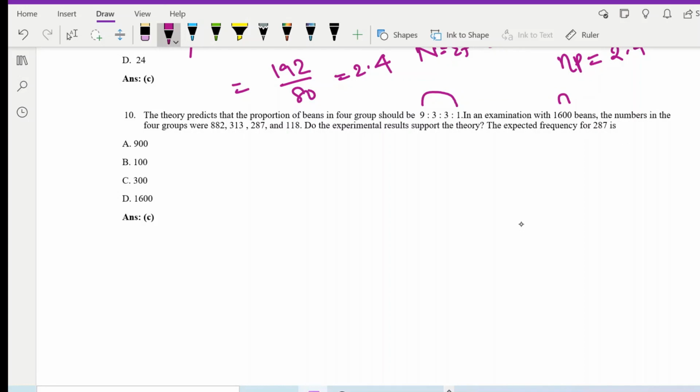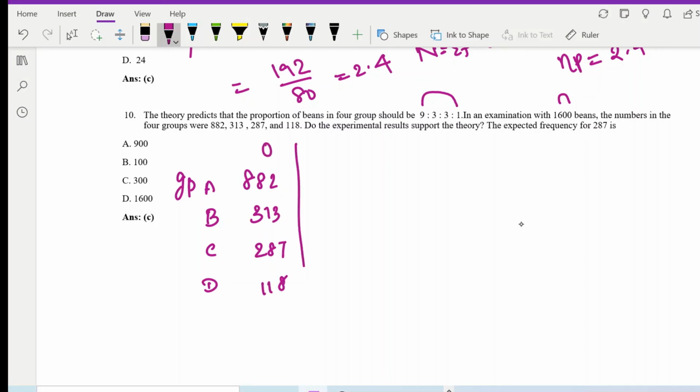For 1600 beans, group A has 882, group B 313, group C 287, and group D 118. This is our observed frequency. The question is: what will be the expected frequency for 287?